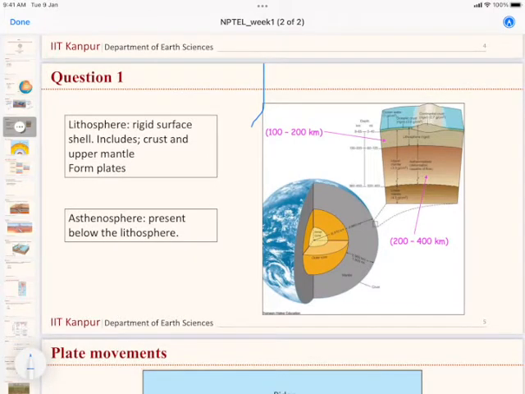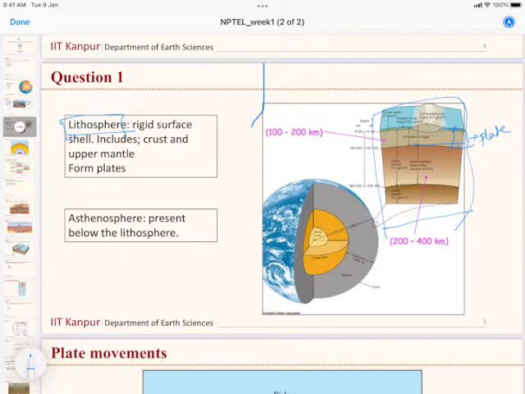After that, we have another concept called the lithosphere. The lithosphere forms the plates, and it is the rigid shell that includes the crust and the upper mantle. As you can see in this section of the Earth's subsurface, it comprises the crust and up to the upper mantle, which forms the rigid plate and plays a major role in plate tectonics.